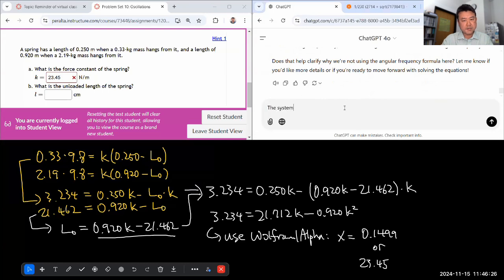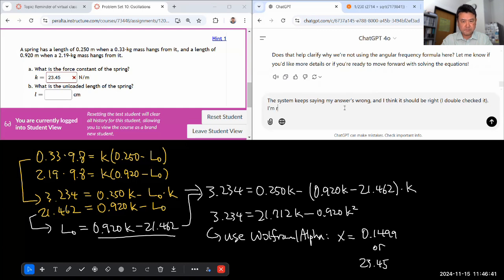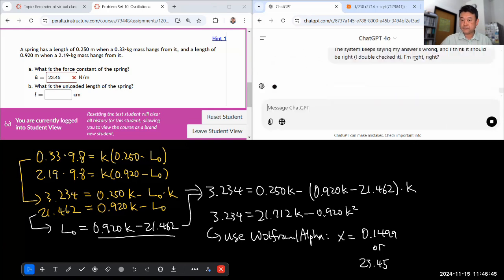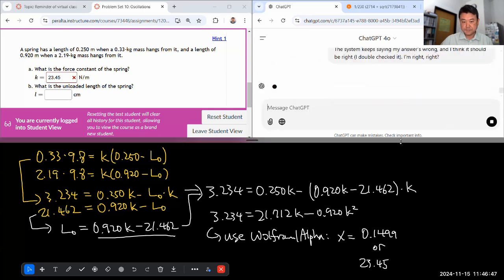So I'll say the system keeps saying my answer's wrong, and I think it should be right. I double checked it, maybe. I'm right? Let's see what it does.